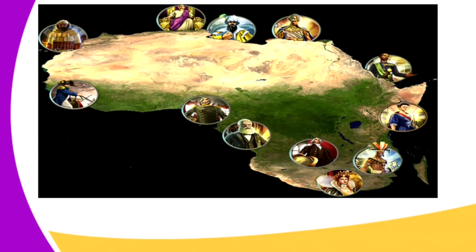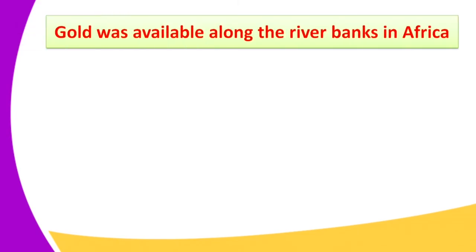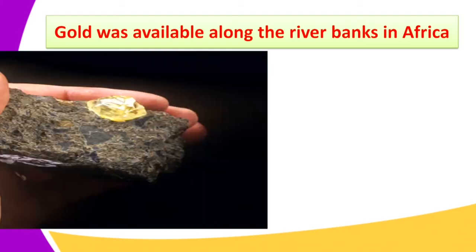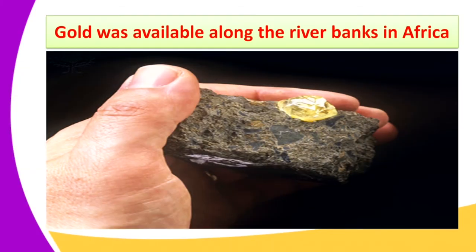This led to the partitioning of Africa. Gold was available along the river banks in Africa. Gold was one of the precious metals, and it was needed in the industries, and therefore they came to Africa to secure this precious metal that was found along the river banks in Africa.